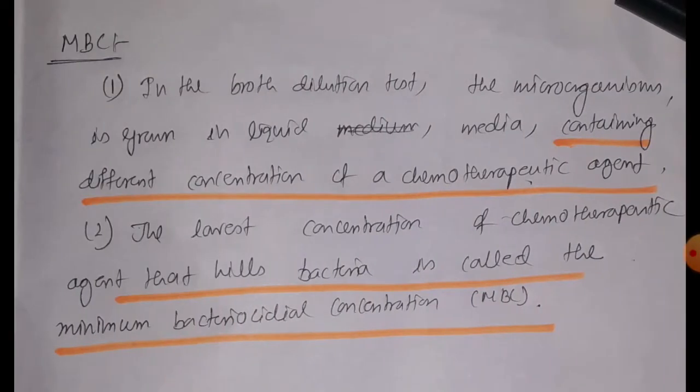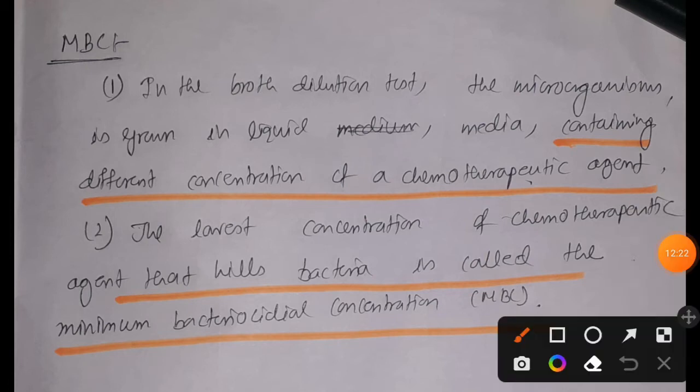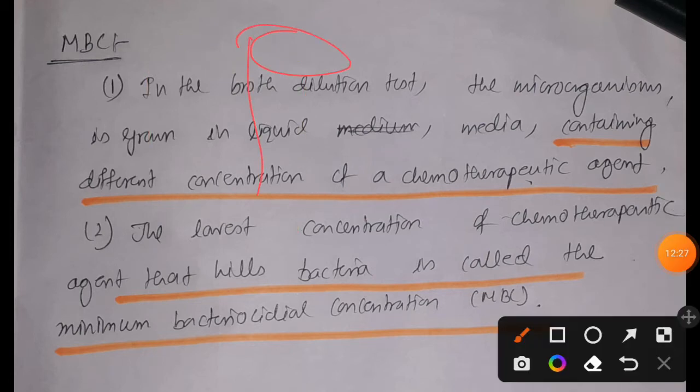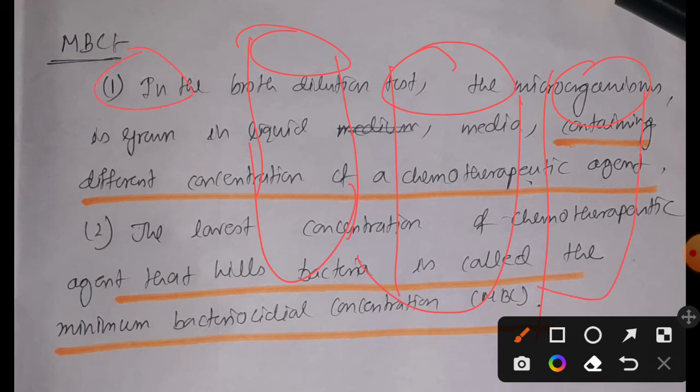Now it is time for MBC. What I have told you is that the minimum bactericidal concentration is the minimum concentration of antibiotic that kills 99.9% of the original inoculum of the population. Here there will be a series of test tubes, and in each test tube there will be liquid culture medium in which we have inoculated the microorganism.